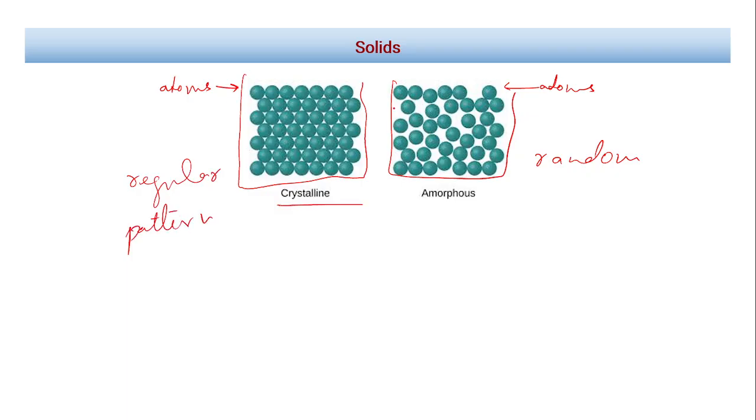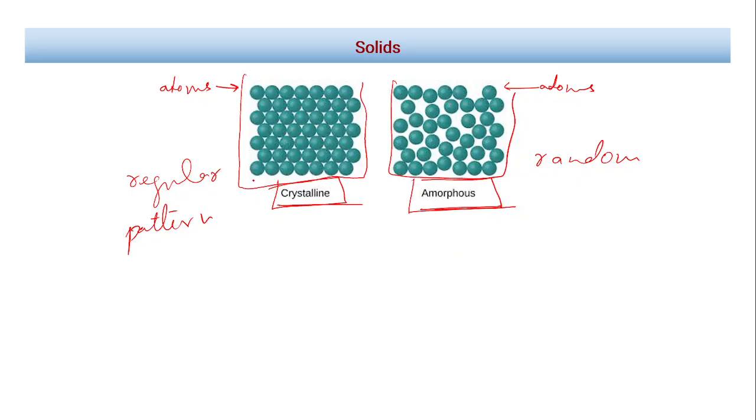So when solids have this kind of regular pattern, with atoms regularly placed together, they make a solid material which we call crystalline. And when they don't have this pattern or arrangement, then we call them amorphous material.